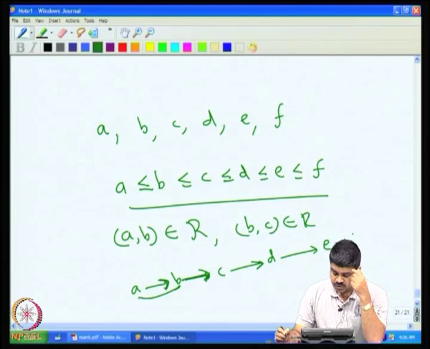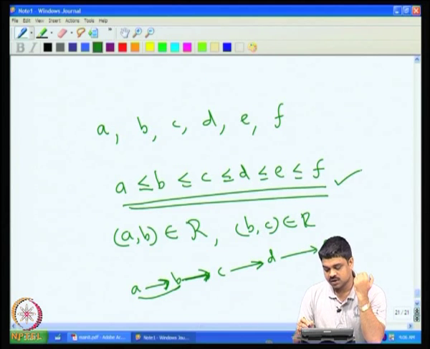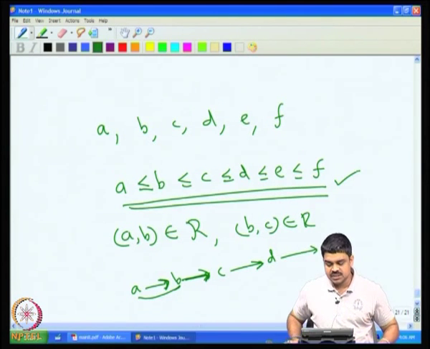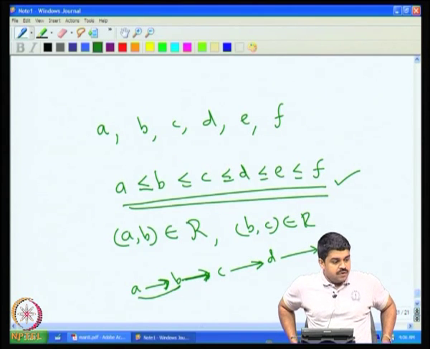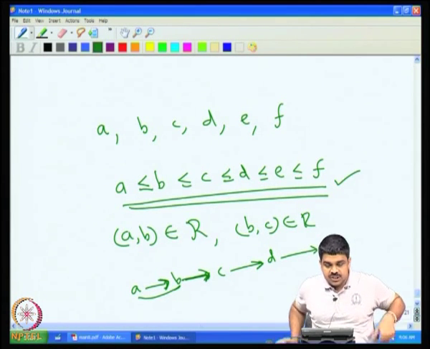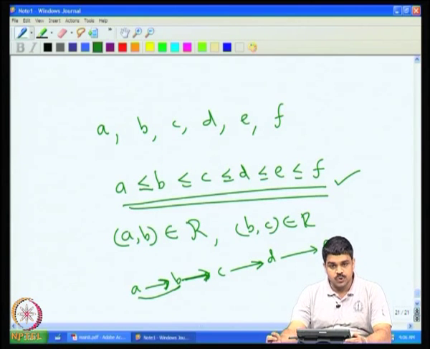So, this kind of a sequence is called a chain. Essentially, it is a total order, a subset of the partial order where the induced relation gives us a total order. Total order means every two elements are comparable, that is, they are related one way or the other.